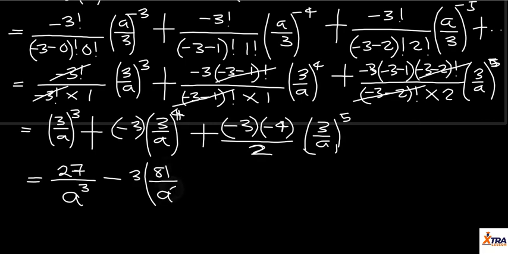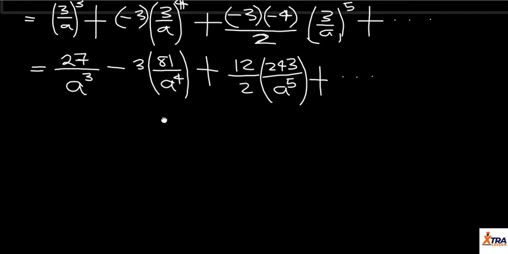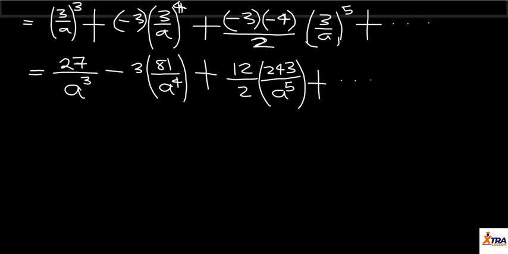This is minus 3 into bracket 3 raised to power 4, which is 81, over a raised to power 4, plus minus 3 and minus 4, that's 12, over 2 into bracket 3 raised to power 5, which is 243, over a raised to power 5. Let's not forget our ellipsis to show that there are more terms that we could have simplified.